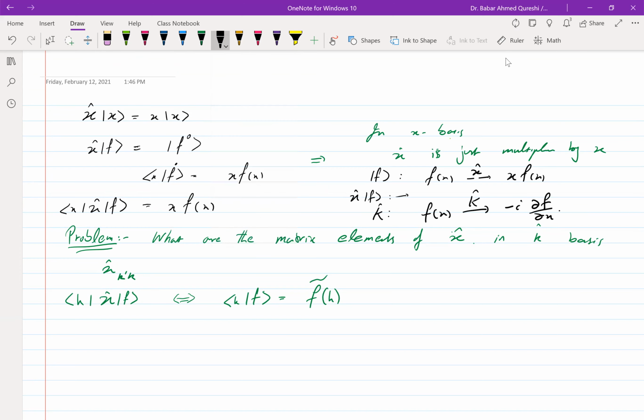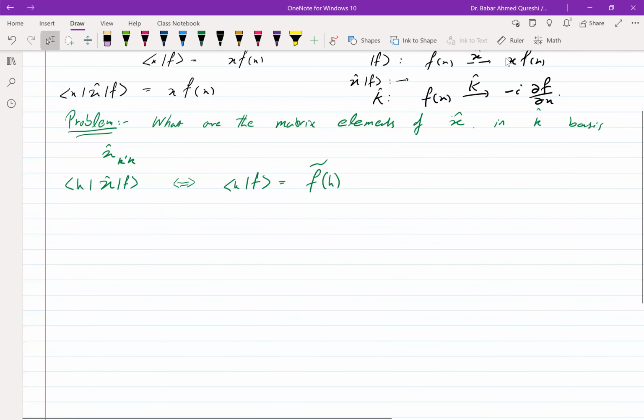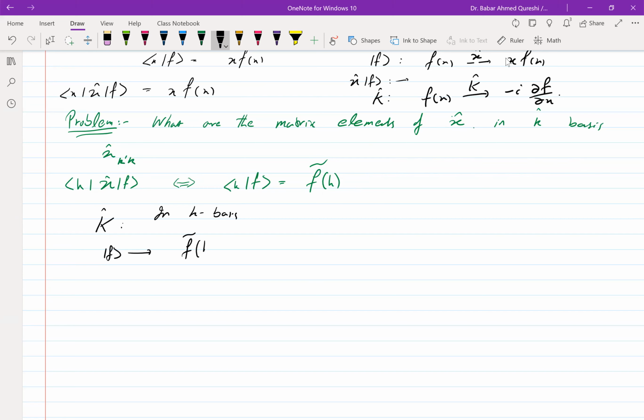Now, the same question we are asking about the k basis. We had already established last time that when you act with k, then in k basis, f is given by these components, and under the k operator, these components change into multiplication by k.